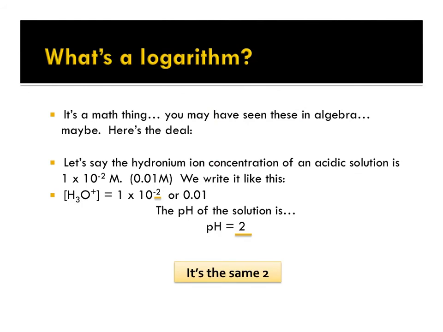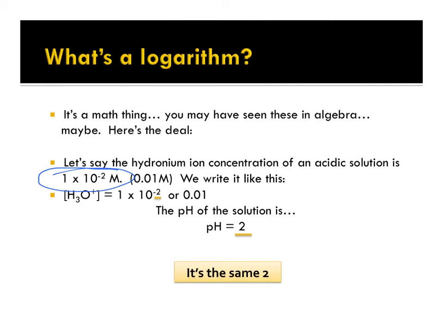Okay, so logarithms. Dealing with them in algebra class, there are easy problems and there are harder problems. To step through the easy ones, to figure out pH, say you have a concentration like this, where it's 1 times 10 to the negative second.